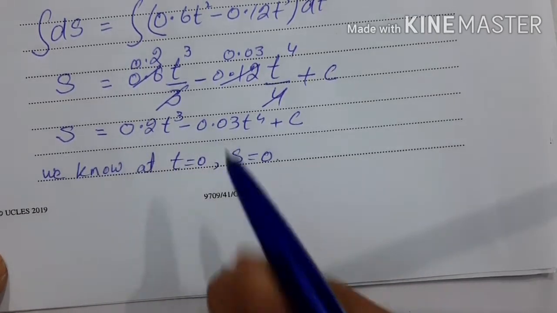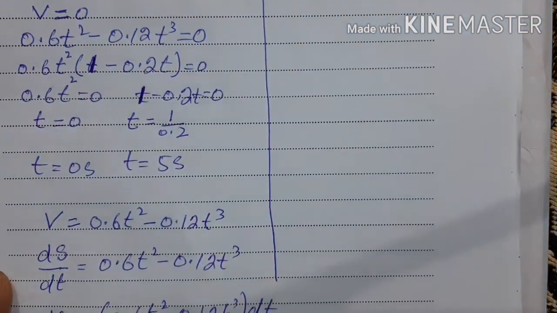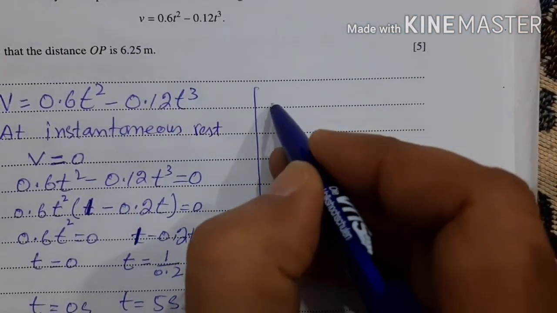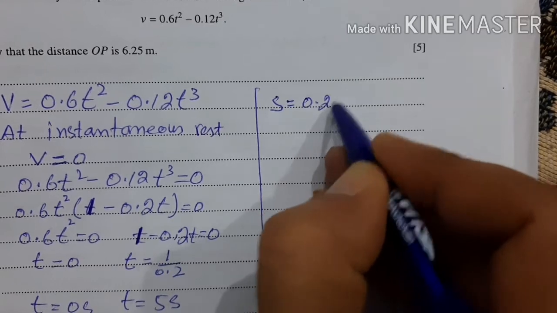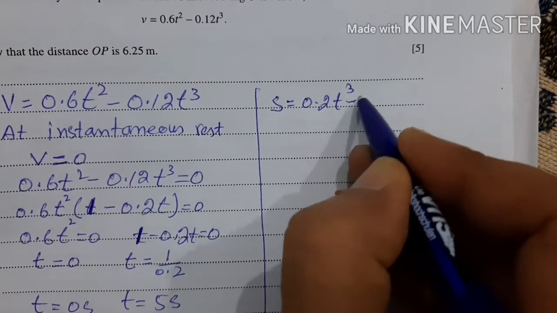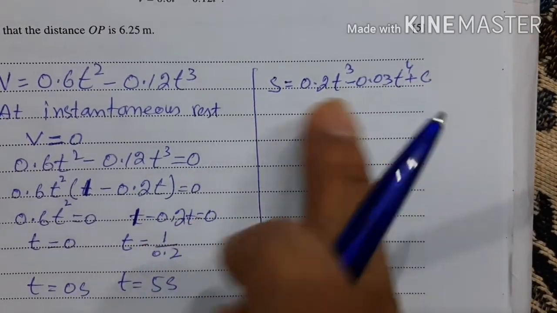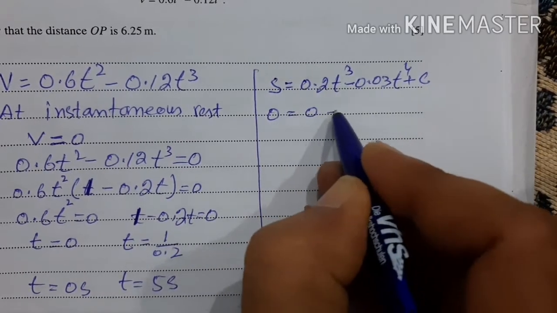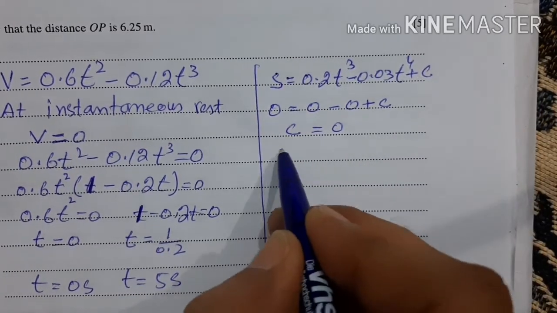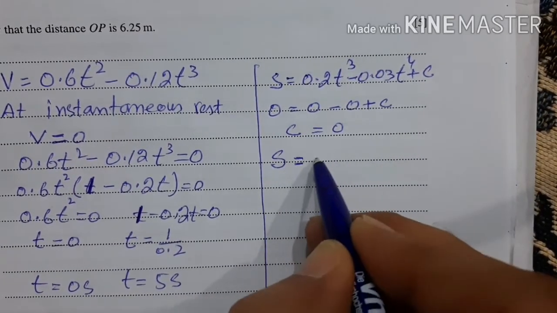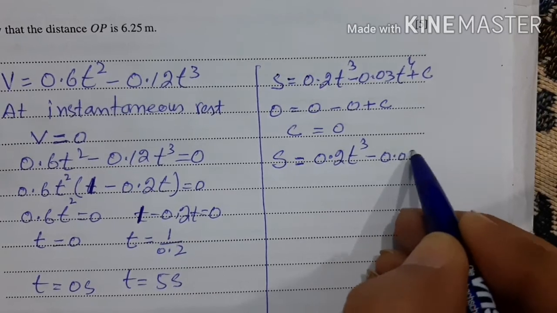Put these two values here. s is equal to 0.2 t cube minus 0.03 t to the power 4 plus c. So 0 is equal to 0 minus 0 plus c. So c is 0. So I will get the final equation of distance, 0.2 t cube minus 0.03 t to the power 4.